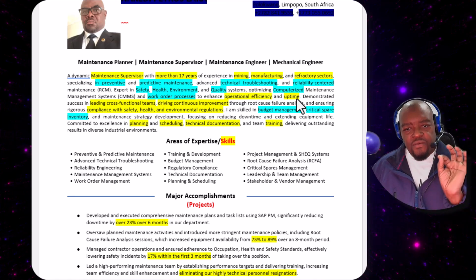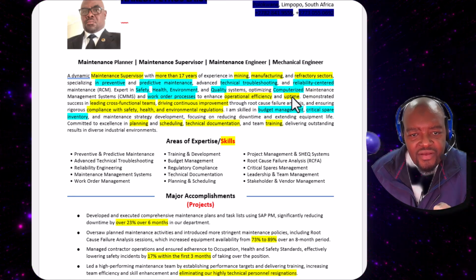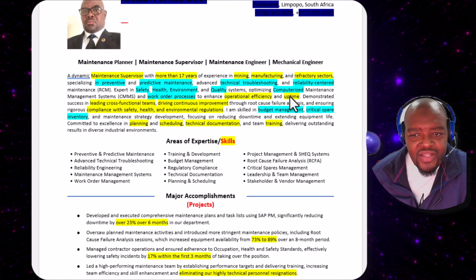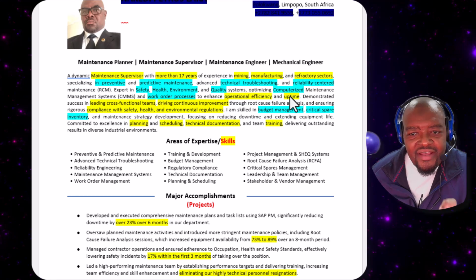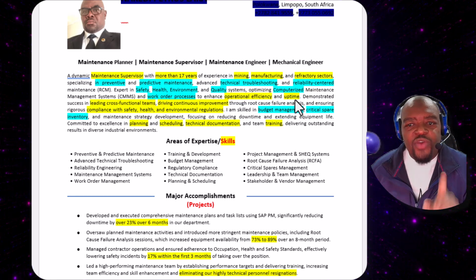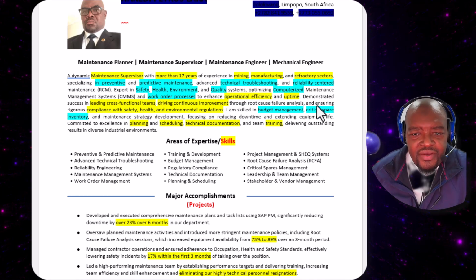Perfect. We need to see this. So he's skilled in these areas, and this is what he's capable of. And this is what our friend here is going to deliver should we have a position for him.